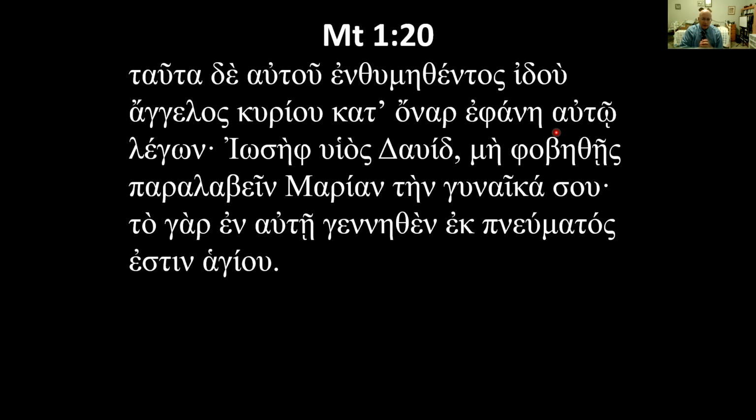I think it's important here, though, first to see that we have an aorist participle, masculine, singular, enthumethentos, passive voice, aorist passive participle. It looks like we have actually a genitive absolute to begin this verse.